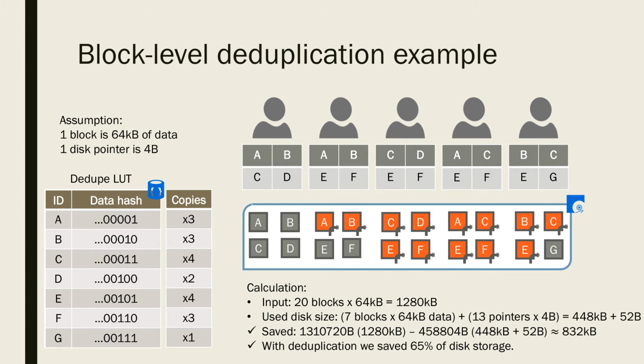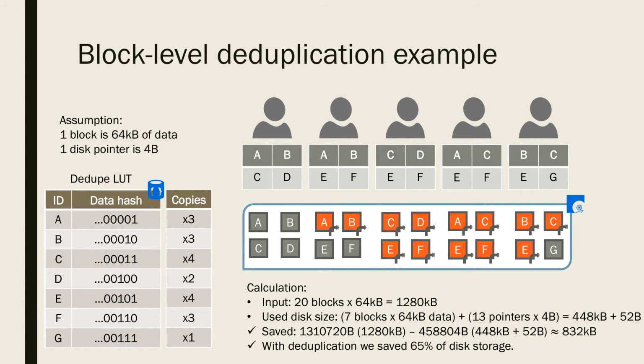Now we can calculate the efficiency of the data deduplication process. In input, we had 20 blocks, so each of these 5 persons had 4 blocks, which is in total 20 blocks, times each of these blocks has 64 kilobytes of data, so it sums up to 1280 kilobytes of data.